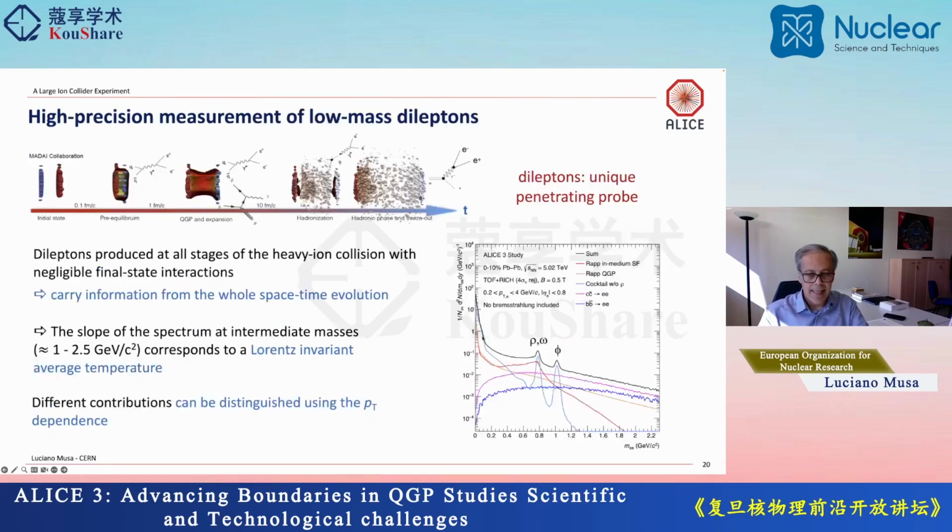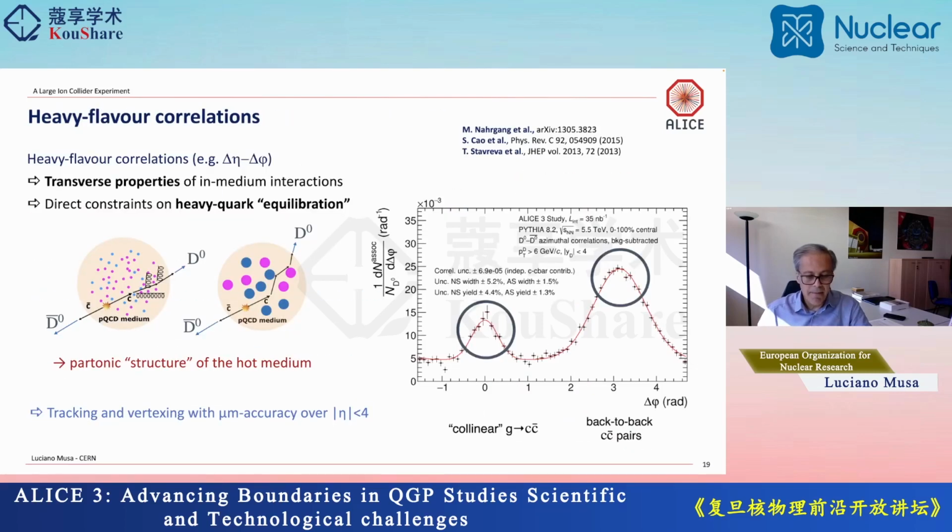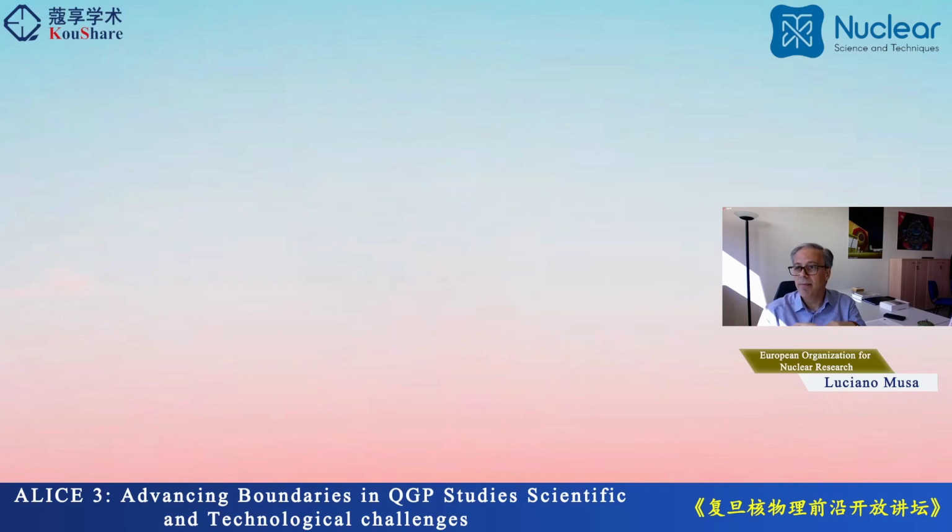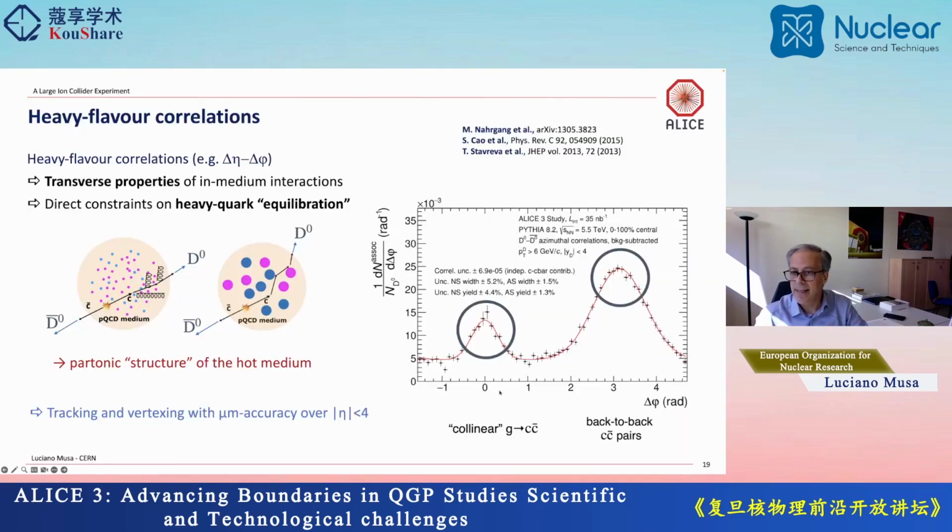And then in the limit, let's say, of full equilibration, the flight lines of the back-to-back charm quarks would be fully randomized, and so no remnant of the initial correlations would be visible. So then one would expect a completely flat line and not anymore such a distribution, okay?